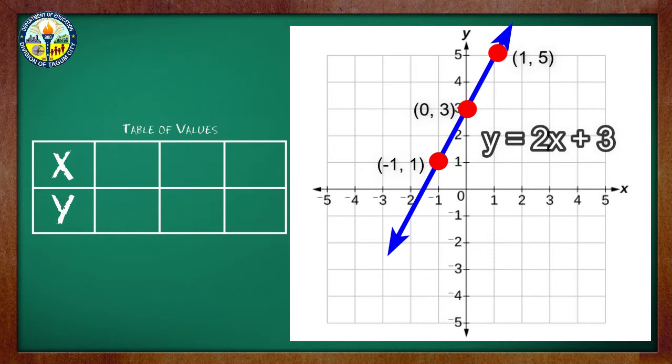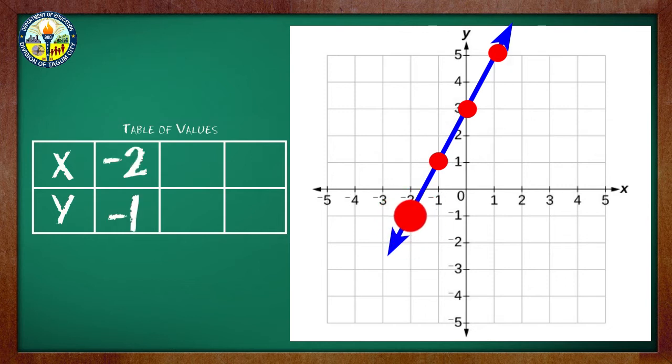Let's pick a point found on the line, say, (-2, -1). When x is -2 and y is -1, will the equation be satisfied? Will it be equal to a true statement?